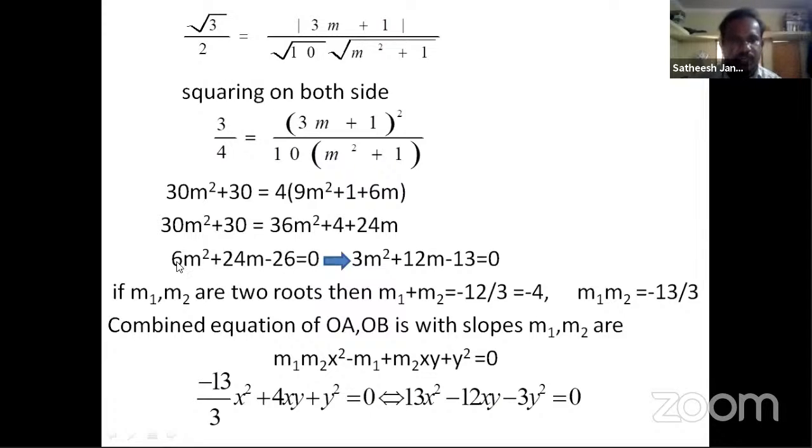Dividing the whole equation by 2, that is 3m² + 12m − 13 = 0.